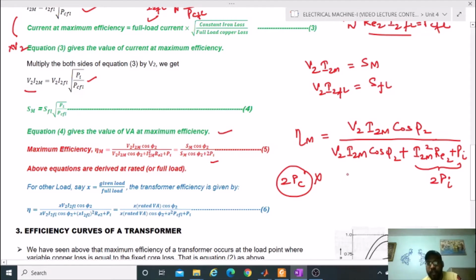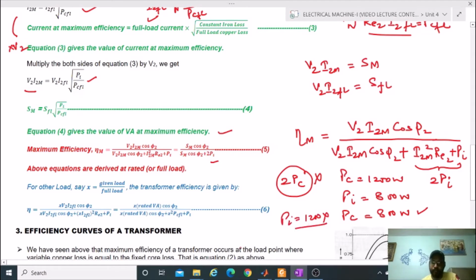So if copper losses are 1200 watt and iron losses are 800 watt, then the efficiency will be maximum when copper losses become 800 watt, not when the iron loss becomes 1200 watt. That would be wrong, so keep this type of mistake in mind.